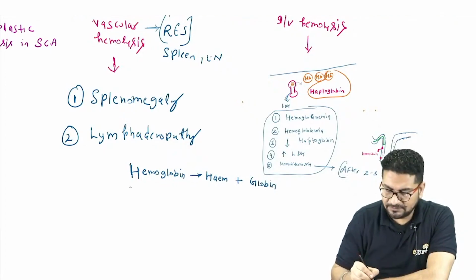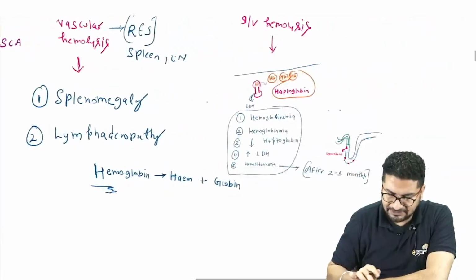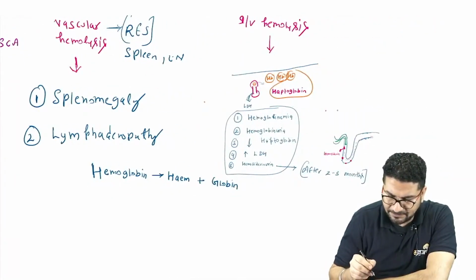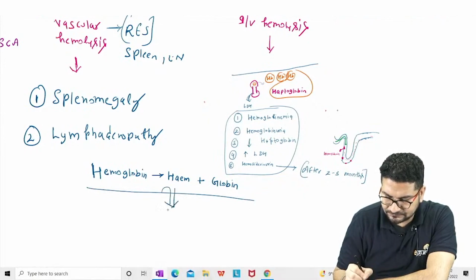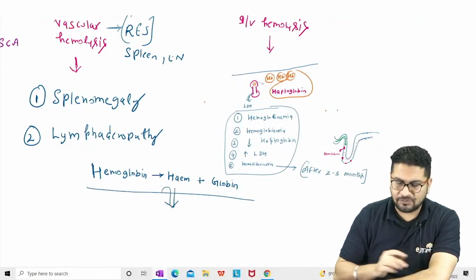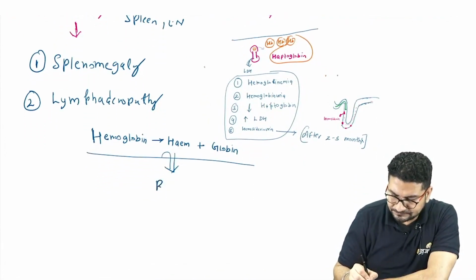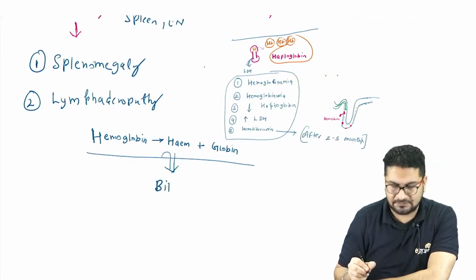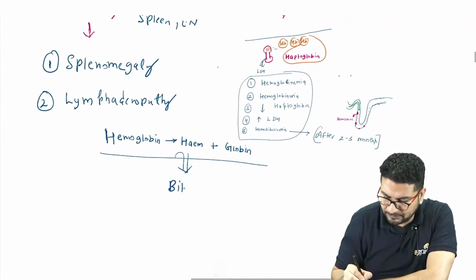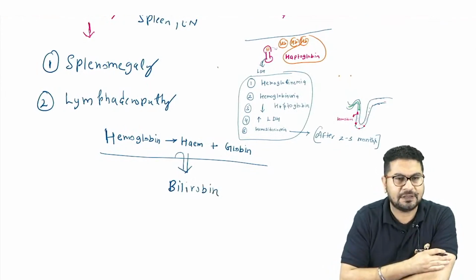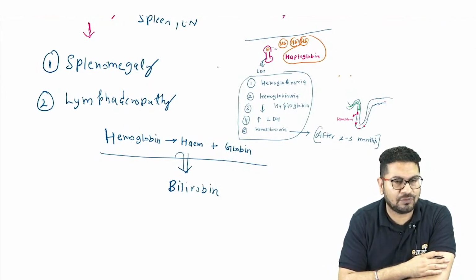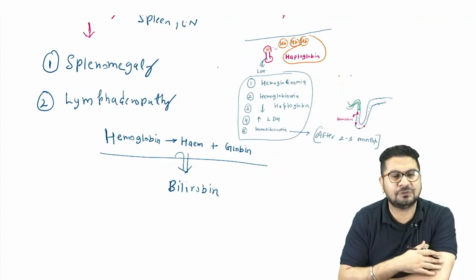In biochemistry, the final product of hemoglobin degradation will be bilirubin. Ultimately, hemoglobin is broken down to produce bilirubin, right? So more hemolysis means more hemoglobin is breaking down, so it can produce more bilirubin.